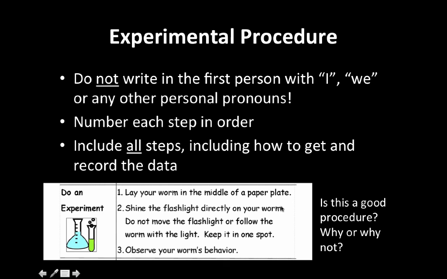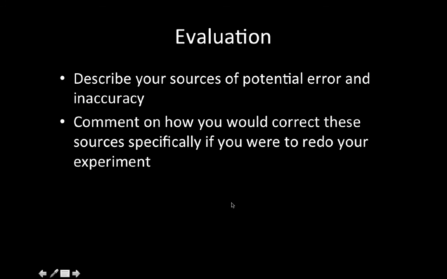It looks terrible. This just isn't very repeatable. It doesn't tell me what to do. This is exceptionally bad. Observe your worm's behavior. How long, where? All those questions still remain. We want to be able to do the experiment the same as you, so you have to make it very clear and spelled out.